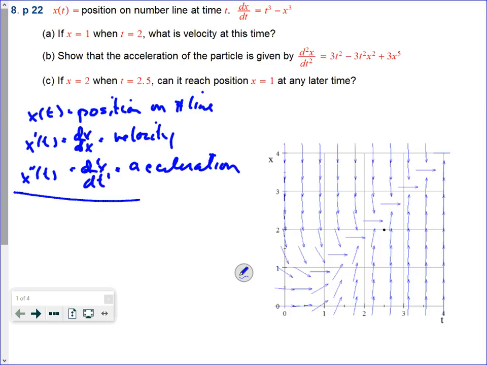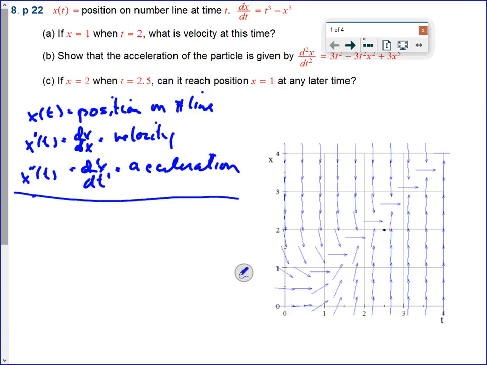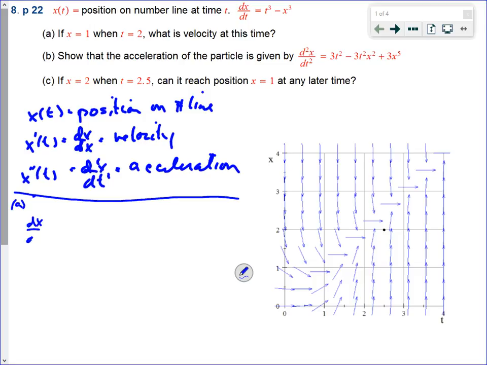Now what we're after here first is to figure out the velocity. If x equals 1 when t equals 2, so at time t, x is 1, so what's the velocity? Well, the velocity is dx dt, so part A, dx dt evaluated when t is 2 and x is 1 is 2 cubed minus 1 cubed, which is 7.